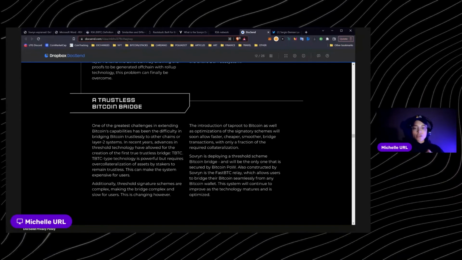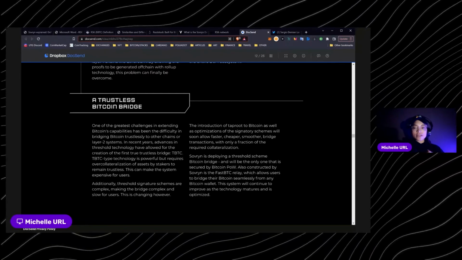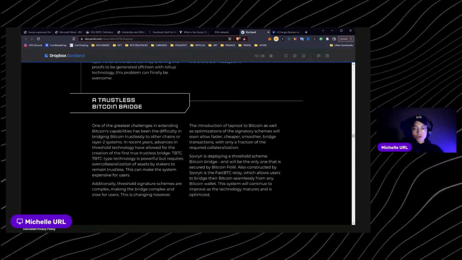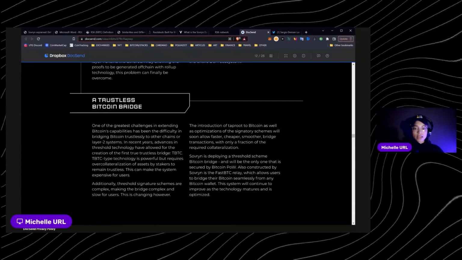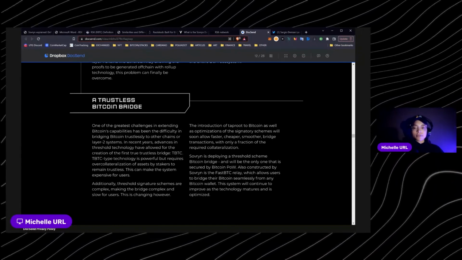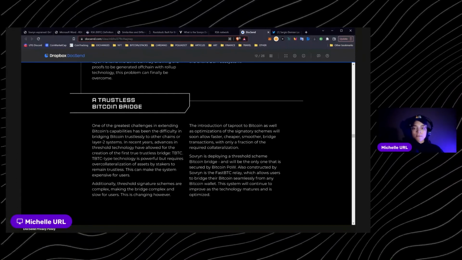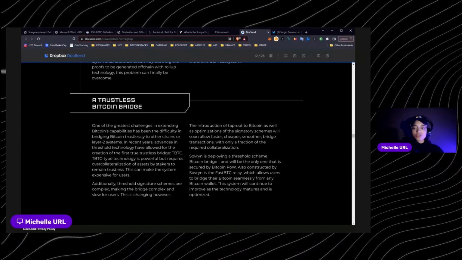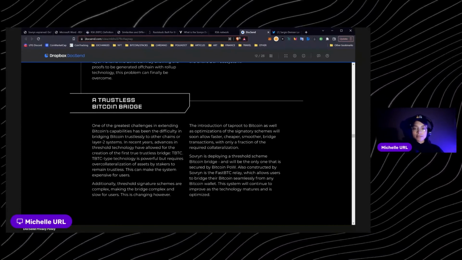Sovryn is deploying a threshold scheme Bitcoin bridge and will be the only one that is secured by Bitcoin proof of work. Also constructed by Sovryn is the Fast BTC Relay, which allows users to bridge their Bitcoin seamlessly from any Bitcoin wallet. This system will continue to improve as the technology matures and is optimized.